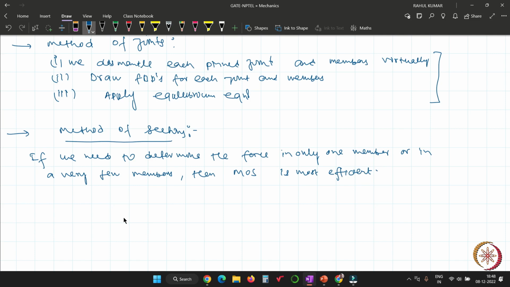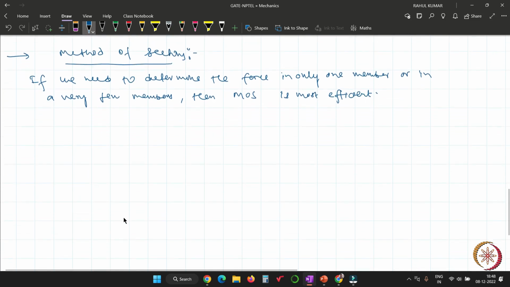So suppose, let's take one example. Suppose you have a situation like this. Here it is a pin joint, and here it is a roller joint.